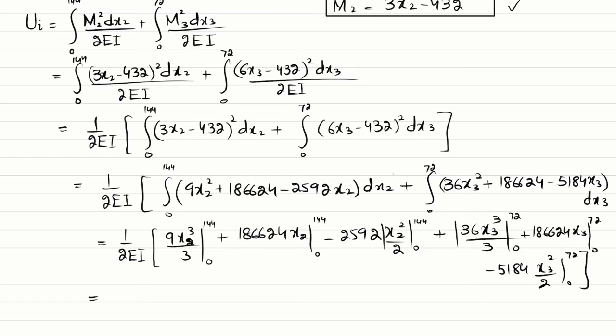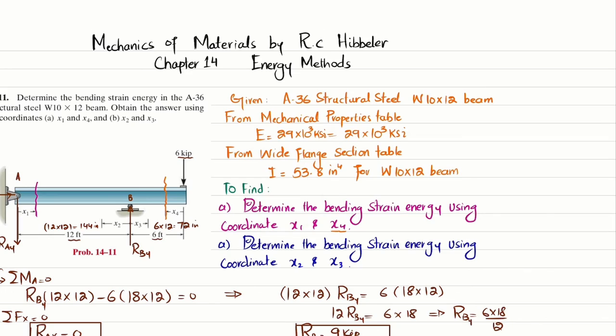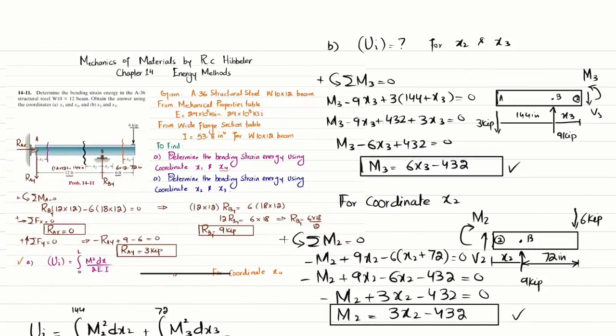You can just put the value. So I will put 1 over 2E, E is 29 into 10 raised to power 3 ksi. I is 53.8. You can check it over here. Clear?